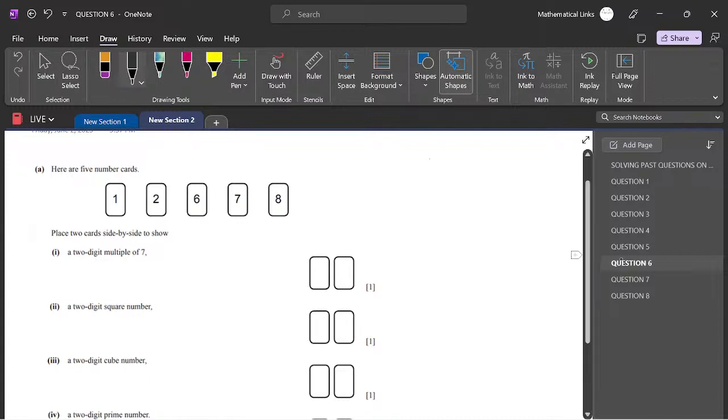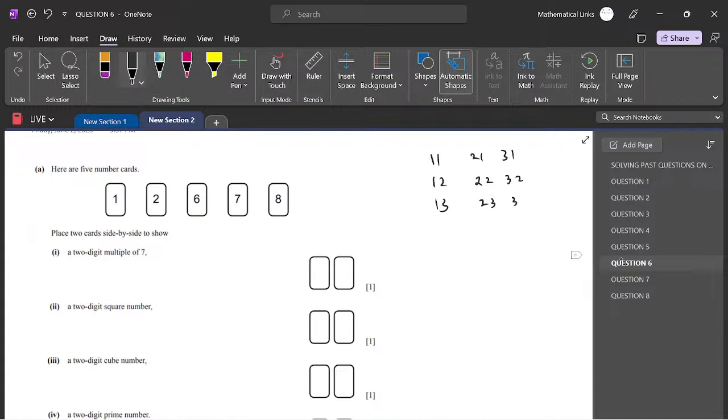You're going to have 1 1, 1 2, 1 3, 2 1, 2 2, 2 3, 3 1, 3 2, 3 3, 4 1, 4 2, and 4 3. Okay, so this is paper 1 for core students.